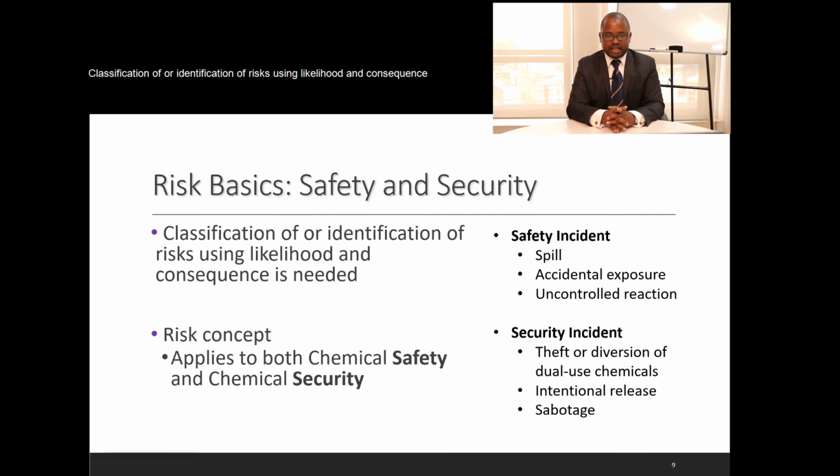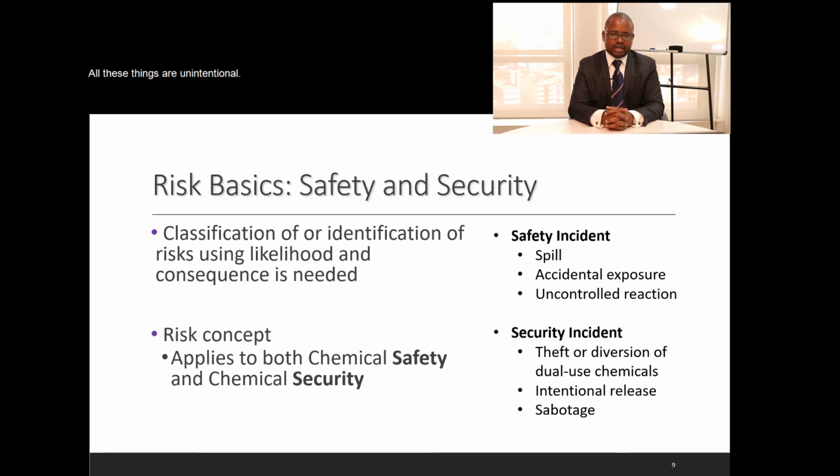Classification or identification of risks using likelihood and consequence is needed for us to identify which chemicals are actually risky and what situation actually makes them risky. So risk applies both to safety and security. A safety incident, for example, would be a spill, or if you're in the lab, some uncontrolled reaction.